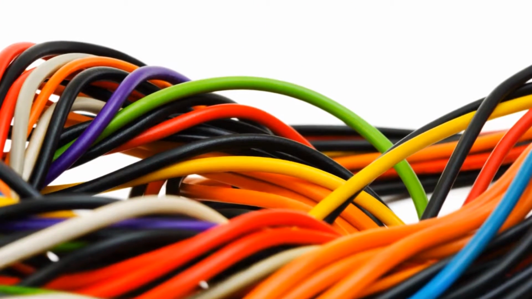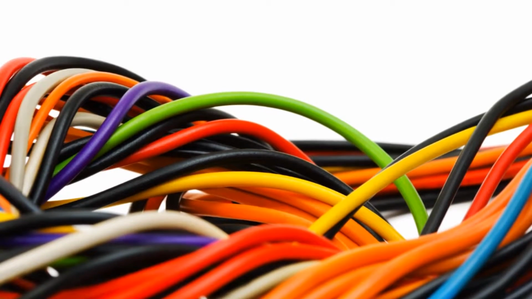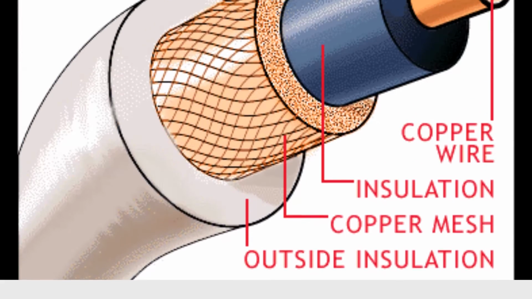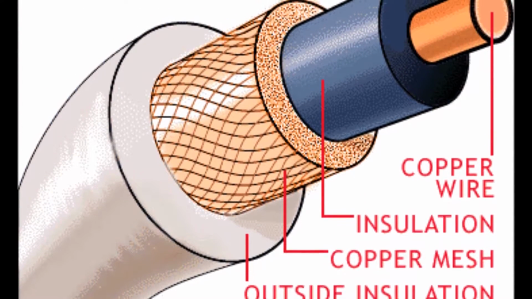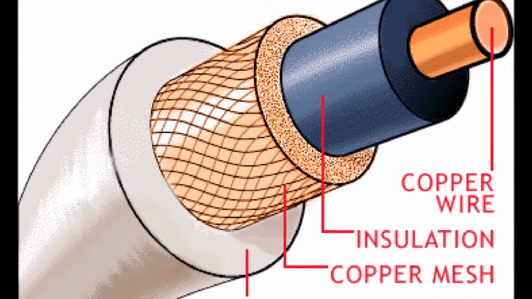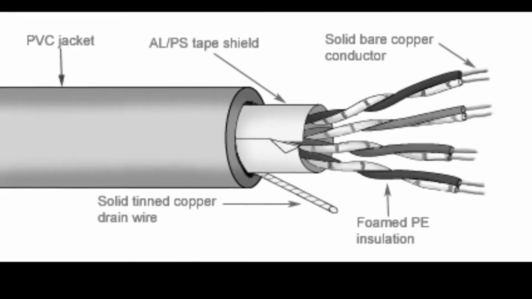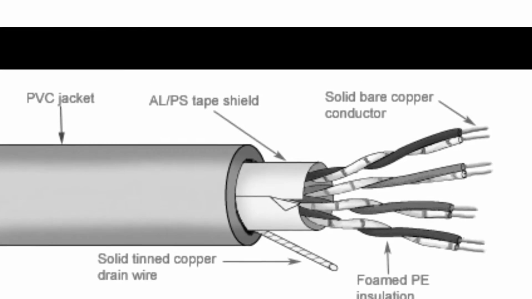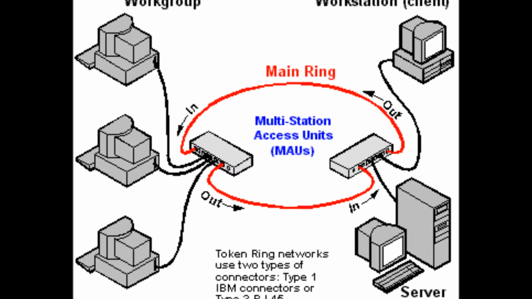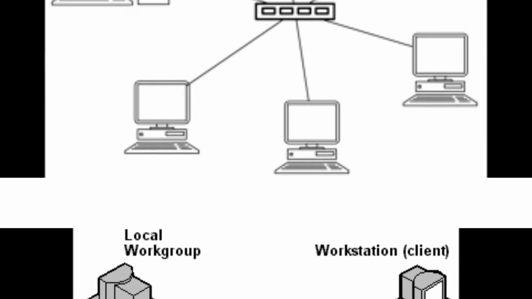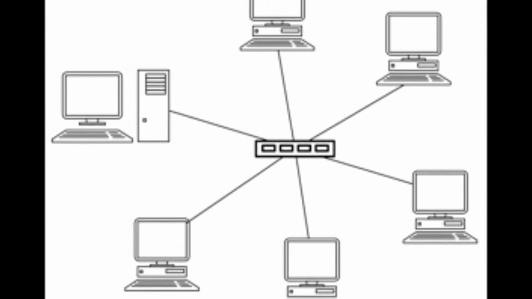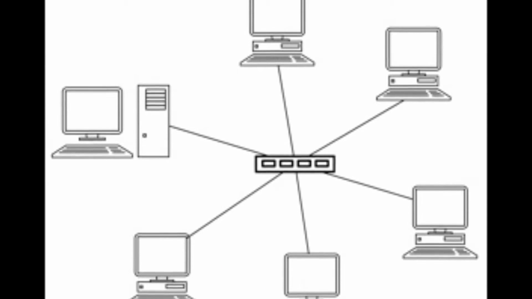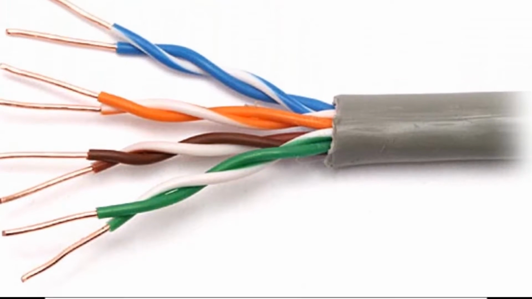Now let's talk about the cabling used in local area network. Early LAN cabling had generally been based on various grades of coaxial cable. Shielded twisted pair was used in IBM's token ring LAN implementation. But in 1984, StarLAN showed the potential of simple unshielded twisted pair cables.